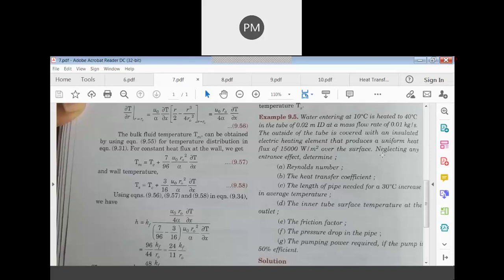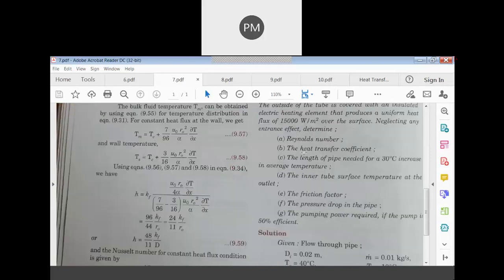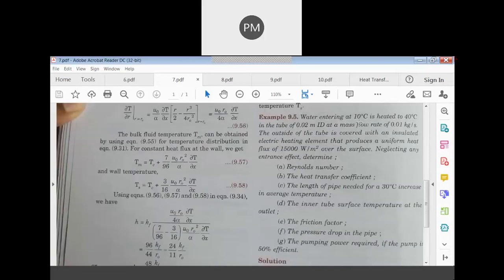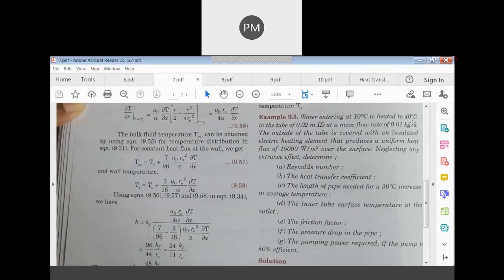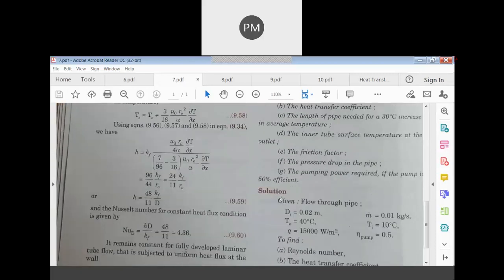In the problem, what are all the given values? Water is entering at 10 degrees Celsius, that means inlet temperature Ti is 10 degrees Celsius, and it is heated to 40 degrees Celsius, so the exit temperature is 40 degrees. In this book they have represented exit temperature as T naught.